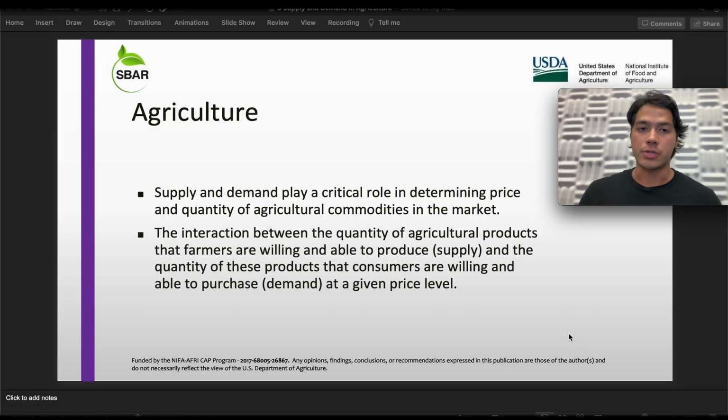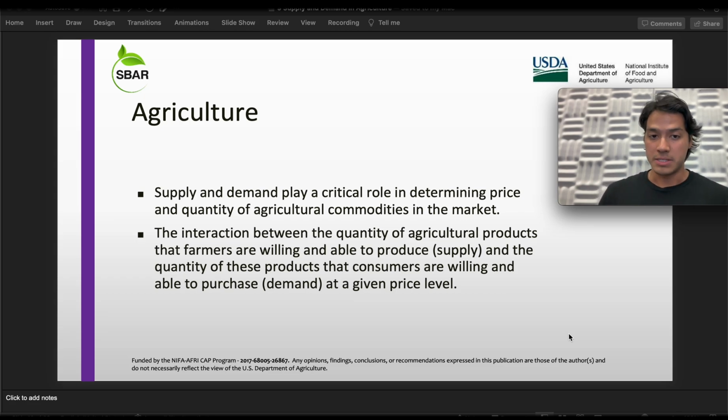Now, for agriculture, in order to understand this concept, supply and demand play a critical role in determining price and quantity of agricultural commodities in the market. In other words, it's fundamental to understand this topic in the world of agriculture, not just in the world of agribusiness, but also in crop production.